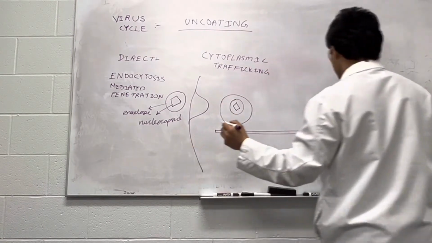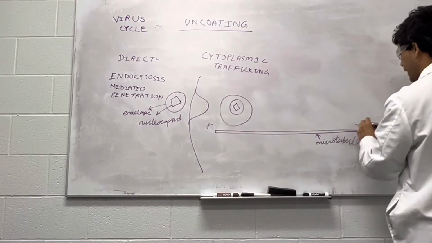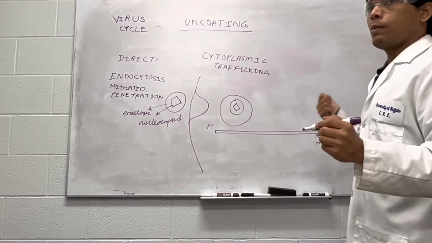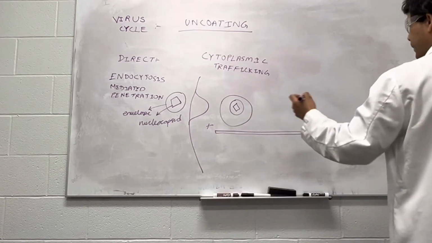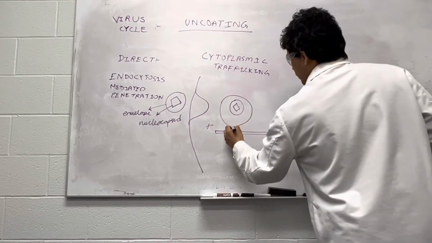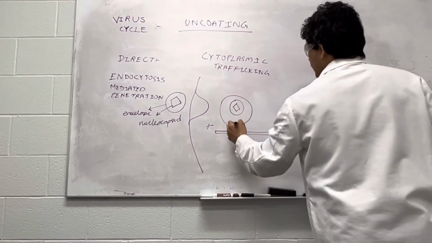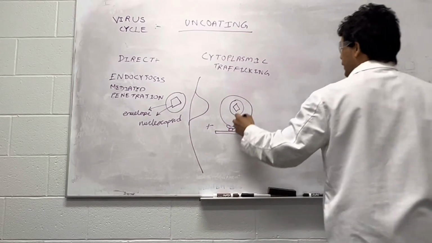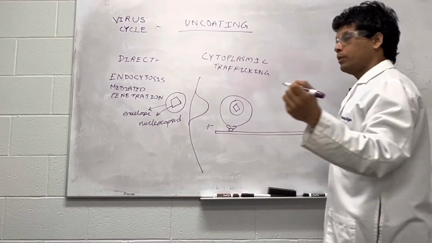Microtubules usually have two ends, one positive and one negative. The negative end is closer to the nucleus, and the positive end is closer to the cell membrane. There are microtubule motors that carry this vesicle containing the virus toward the negative end. There are two general motors.